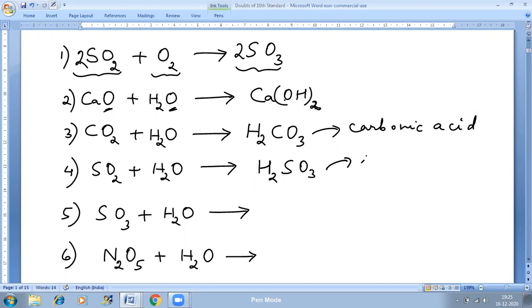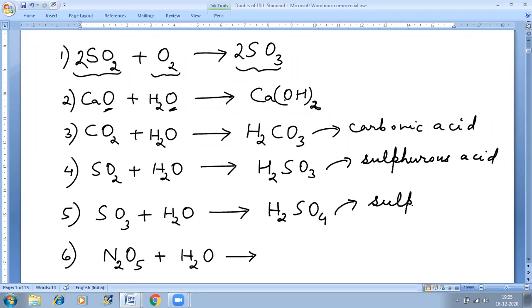This is called sulfurous acid. And SO3 plus H2O gives you H2SO4. This is sulfuric acid.